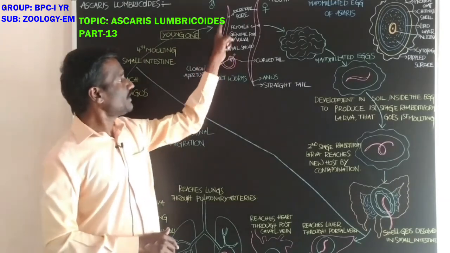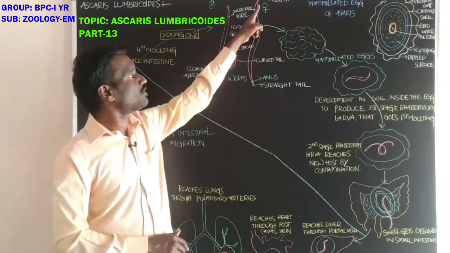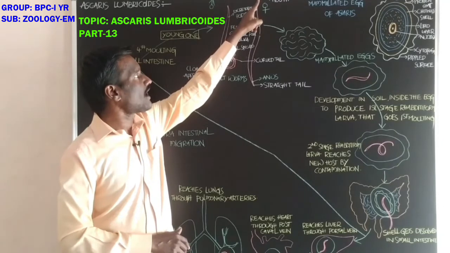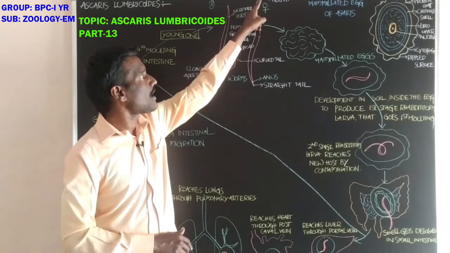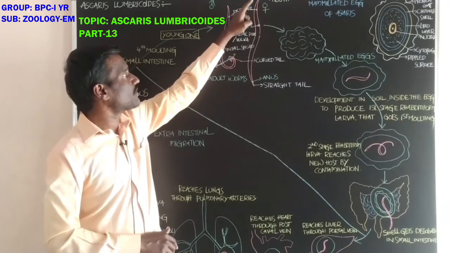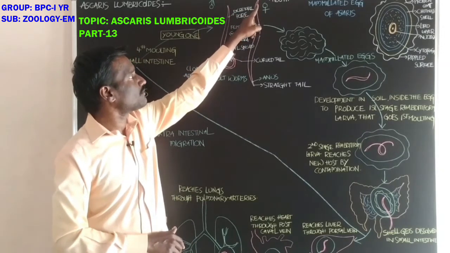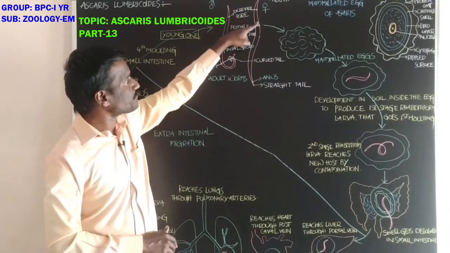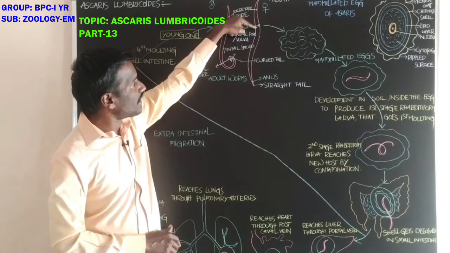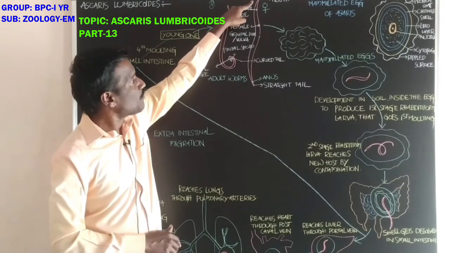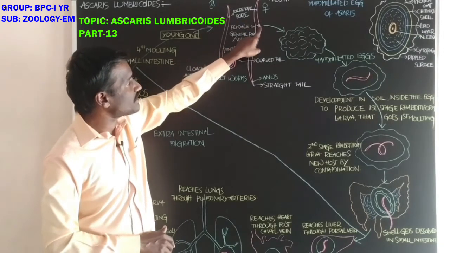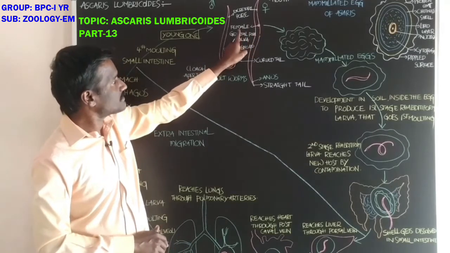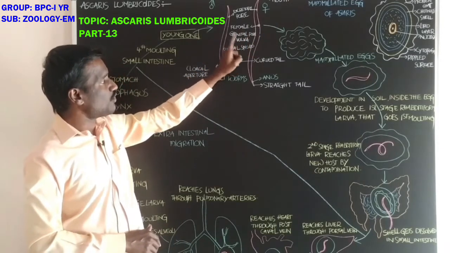Students, that is about the male worm. And what about the female worm? The female worm is anteriorly open with a single aperture, the mouth. In the mid-ventral position there is an excretory pore. At one-third length from the mouth, there is an aperture in the mid-ventral position, called the female genital pore or vulva.